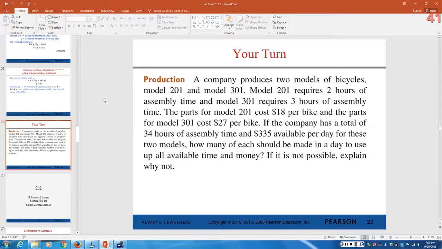So let's try this one on our own. A company produces 2 models of bicycles, Model 201 and Model 301. Model 201 takes 2 hours of assembly time. And Model 301 takes 3 hours. And the parts for 201 is $18 a bike.